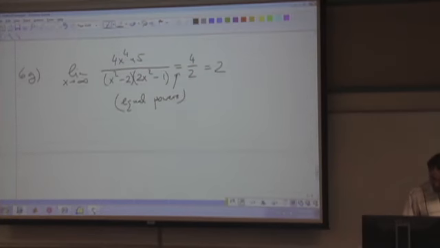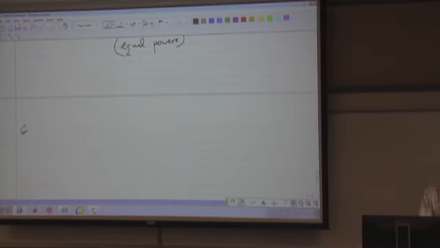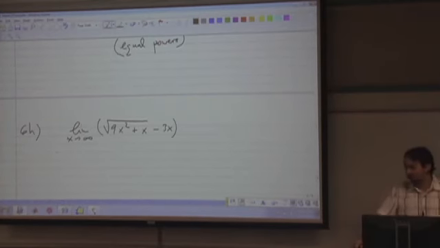Did I not do that problem? Yeah, I think I did it. The limit of the square root of 9x squared plus x minus 3x. I think I did this problem when we were talking about limits a couple of weeks ago.